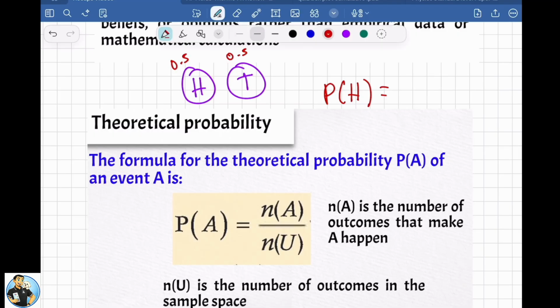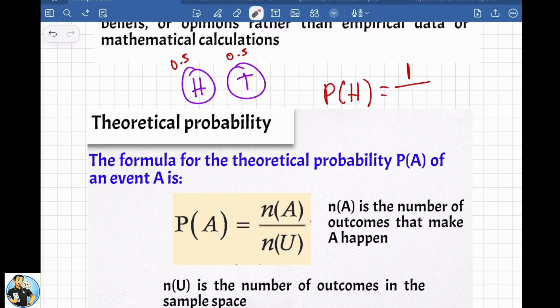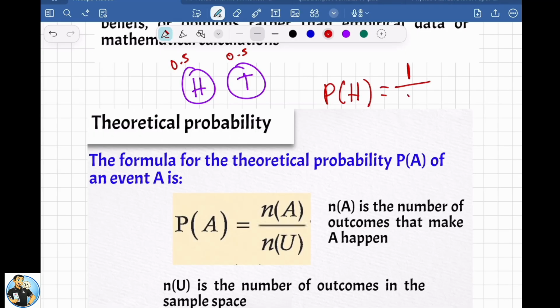In this case, we are going to focus on one single trial. So this is 1, one single time the event getting heads can be true, divided by the number of outcomes. We have 2 outcomes, it could be heads or tails. So this is 1 divided by 2, and we get this super famous 0.5.